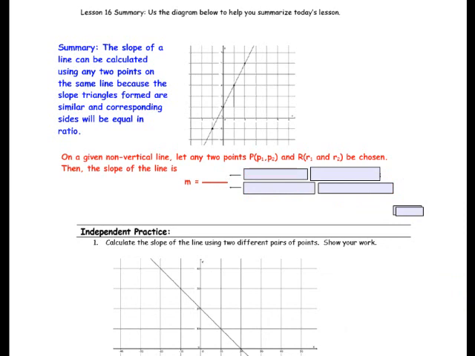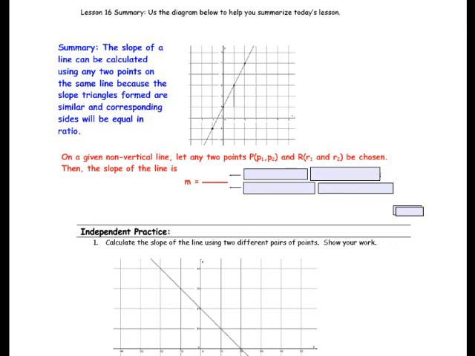In this lesson you have learned the slope of a line can be calculated using any 2 points on the same line because the slope triangles formed are similar and corresponding sides will be equal in ratio. On a given non-vertical line, let any 2 points, P and R, be chosen, with the coordinates P1, P2, and R1 and R2. Then the slope of the line is written as follows.